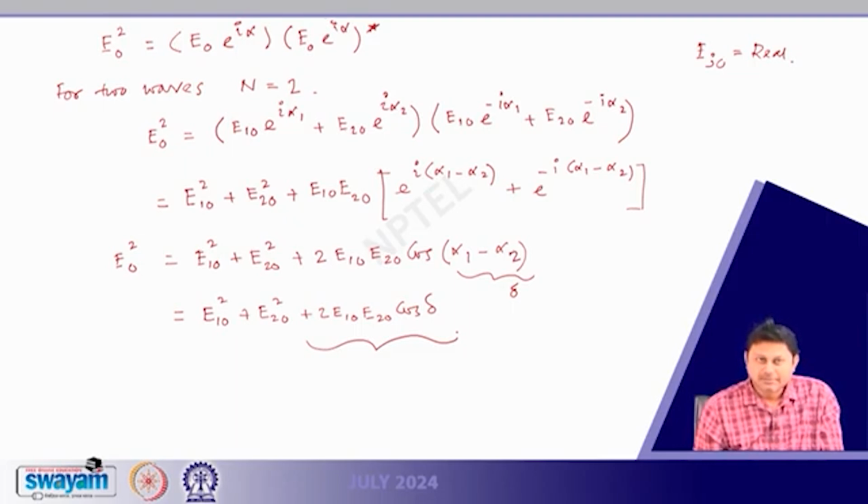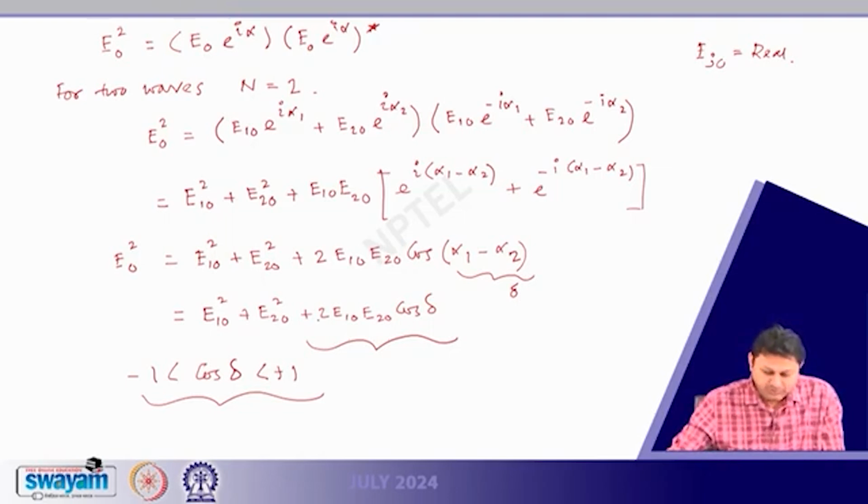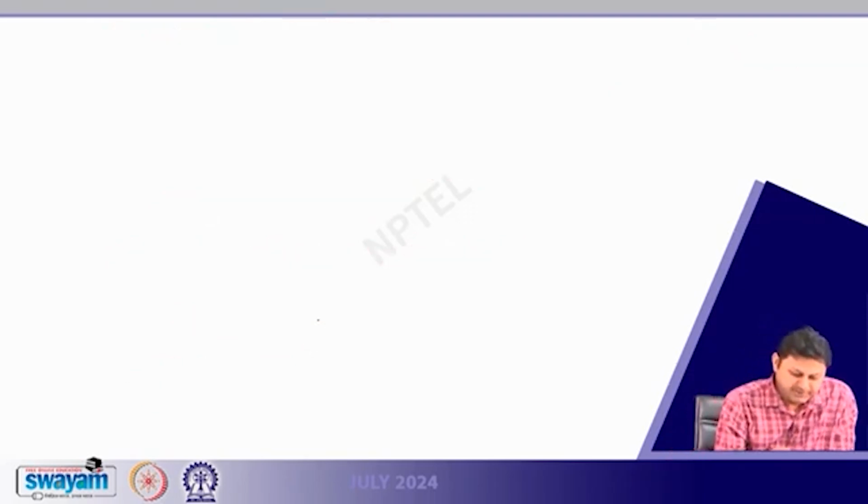The value of delta determines the value of E0, and cos delta value can vary from plus 1 to minus 1, and based on that we have the intensity and amplitude variation here. But we can also understand this thing using something called phasor addition, that is the well-known stuff in complex analysis.